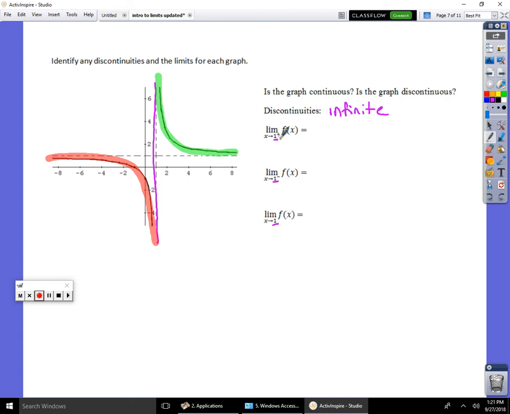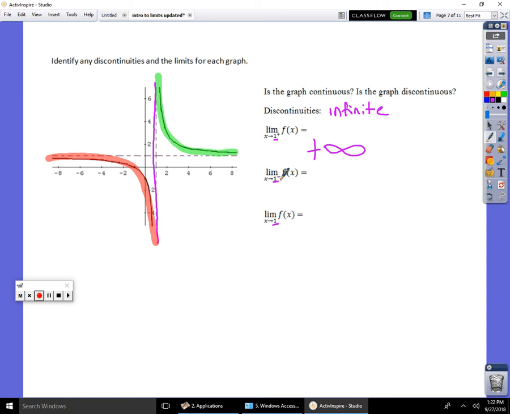All right, so positive. Do I want the function on the right of the fence or the left of the fence? What color is that? Green. So when my green function is getting to my purple fence, what value am I at? Positive infinity, because it's going to keep going and going. So the negative is the left, which is the red function.